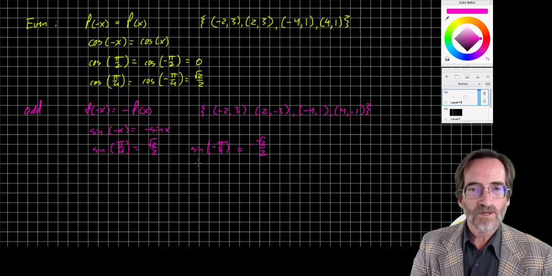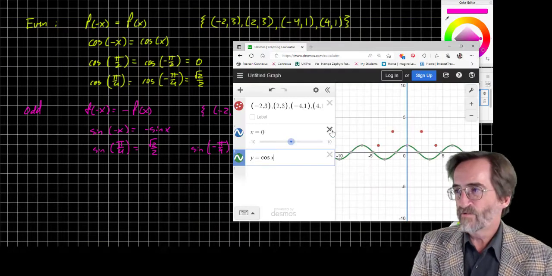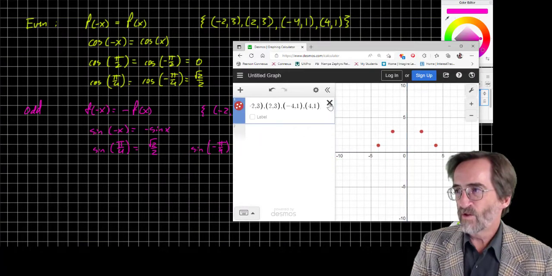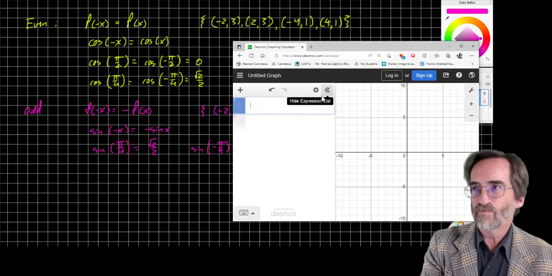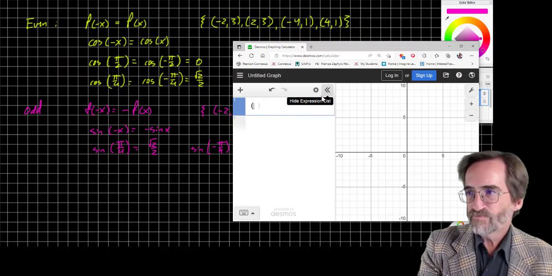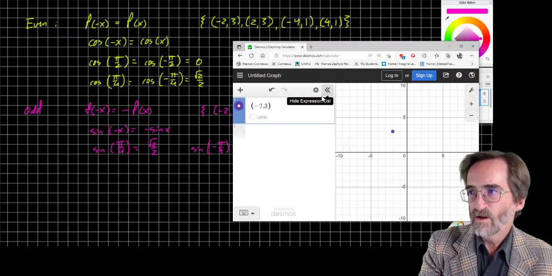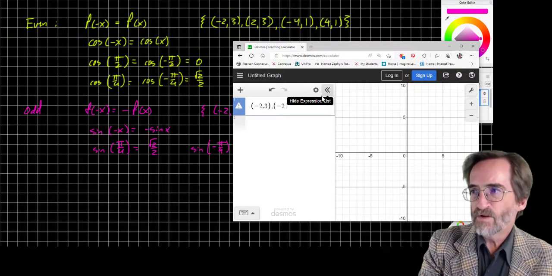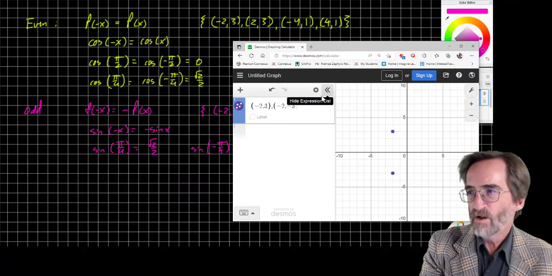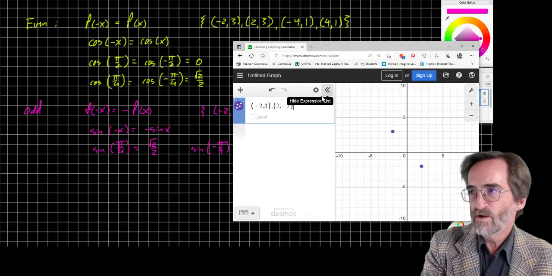Let's demonstrate what that looks like on a graph. Instead of a y-axis symmetry, what have we got? We've got -2, 3, and 2, -3.